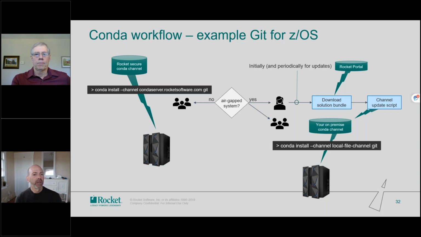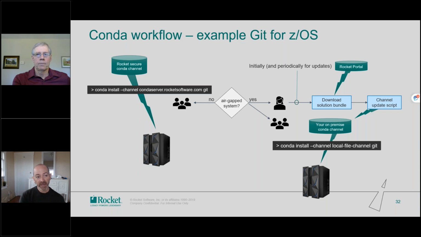Today with Conda, it's a single command line to both download and install Git and all of its dependencies. And Conda takes care of making sure the correct version of each dependency is installed for whatever version of Git you're installing. So it's a really big advancement in ease of use and ownership experience.